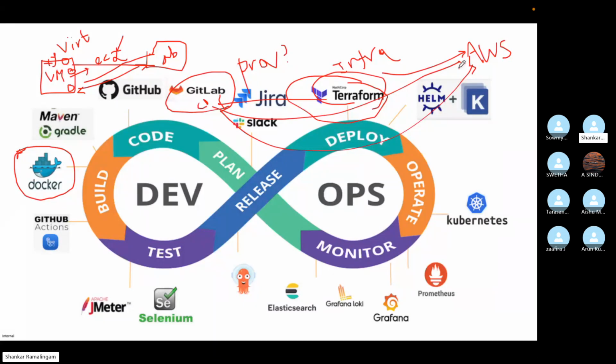So when we say dev, test, stage, and prod, what exactly does it mean?